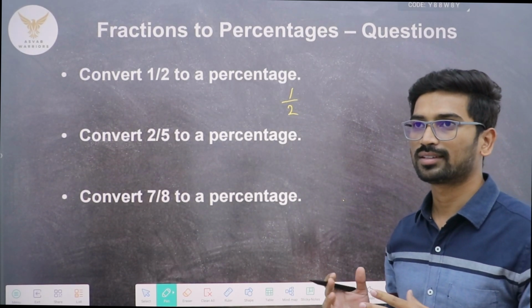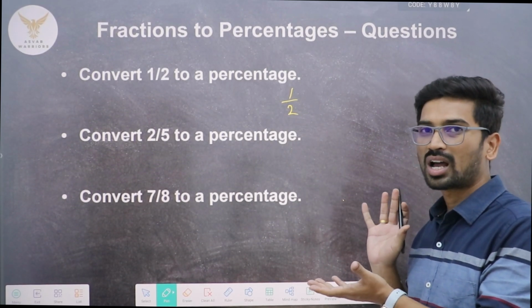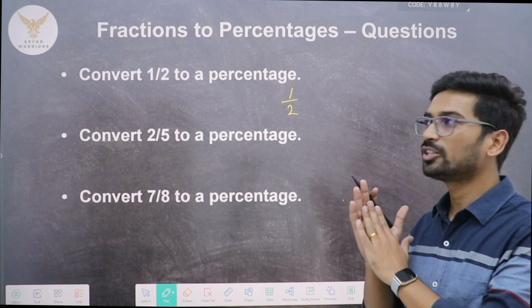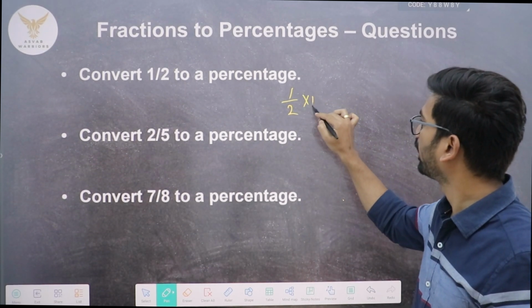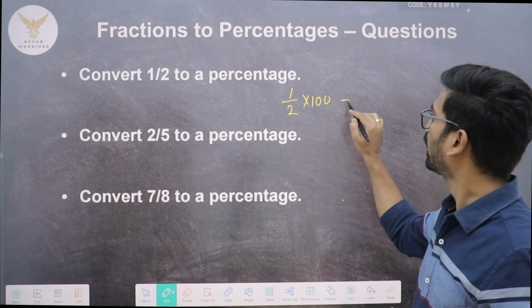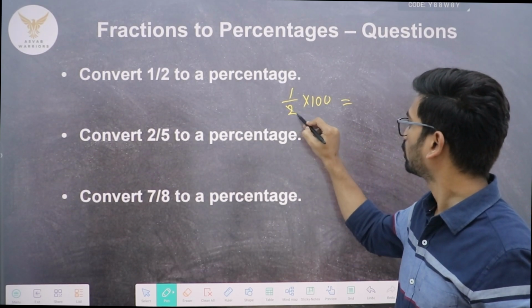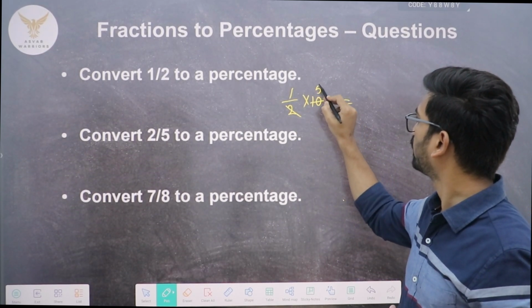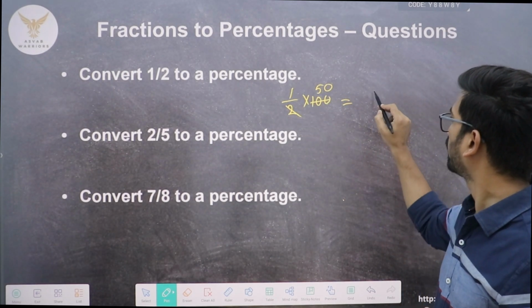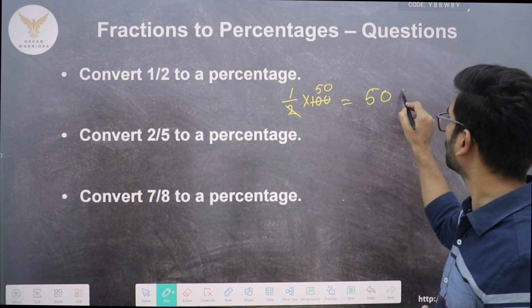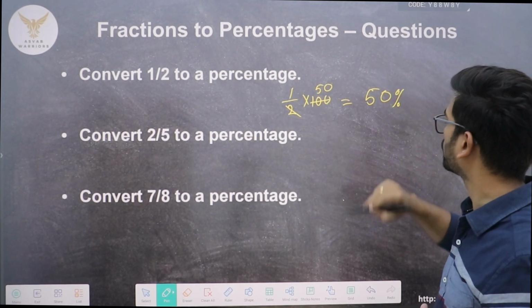How to do that? We just need to multiply it with 100 and we will get our answer as a percentage. So 2 times 50 is 100, 50 times 1 is 50. This one is a percentage.